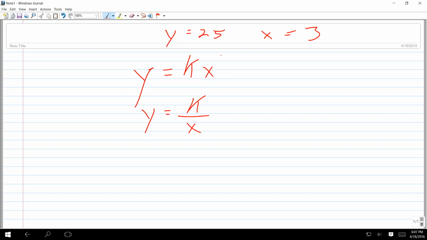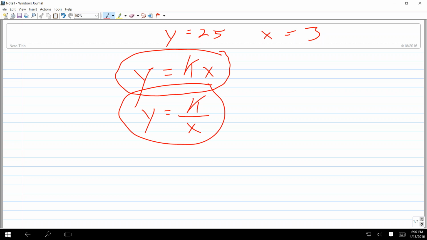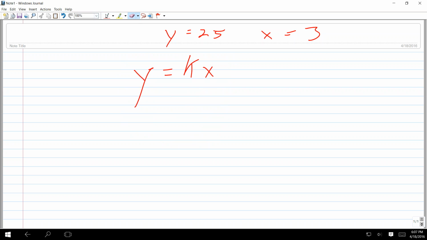This is the general equation for y varying directly with x. This is the general equation for y varying inversely with x. Well, they said direct, so we're dealing with this one. And now they give you specifics. They say when y is 25, x is 3.